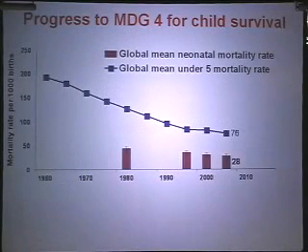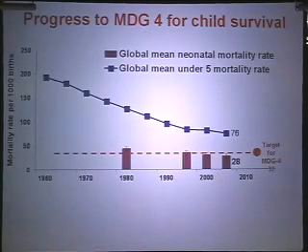So, ladies and gentlemen, as we speak, this is an issue of global concern, because if you look at our Millennium Development Goals for child survival and where we need to be by, let's say, 2015, and look at where we are now, we are far behind as a globe in terms of the MDG4 target.